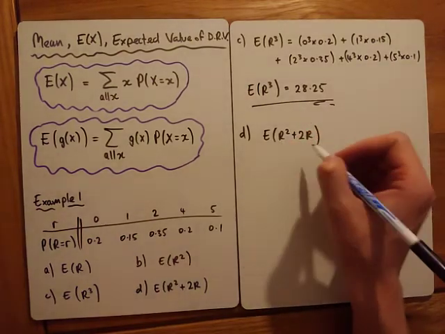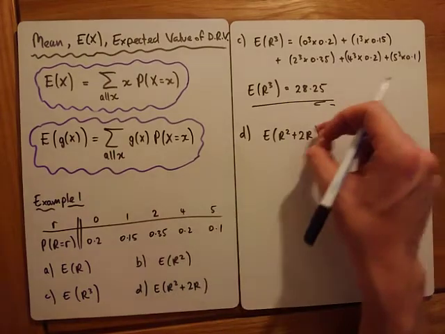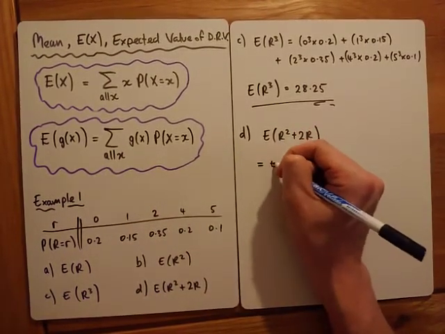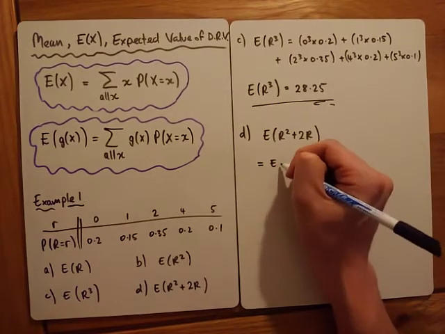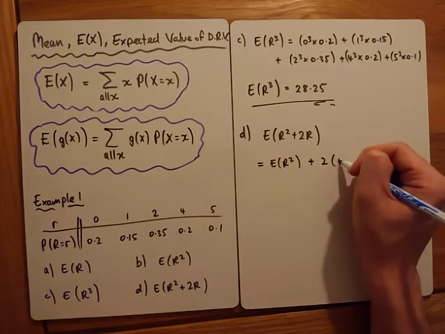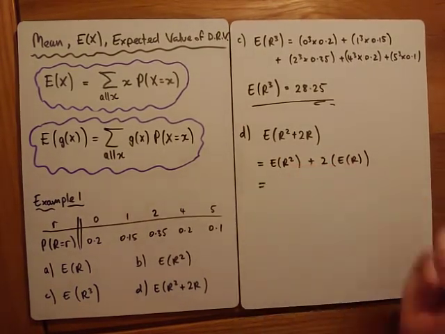So because the 0.35 is being counted with the r squared and it's been counted with the 2r, it allows us to split this up, and that would be equivalent to the expected value of r squared plus 2 lots of the expected value of r. And we already know those two things, so we can just literally split it up like this.